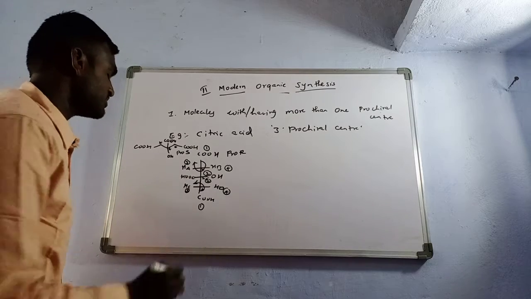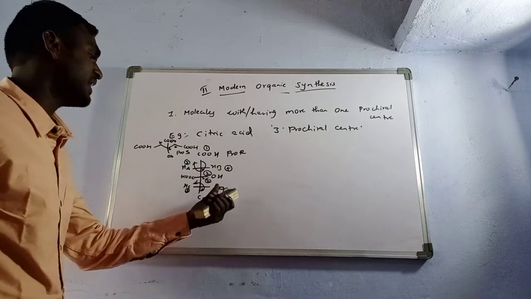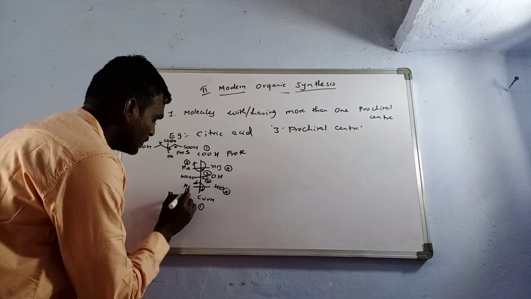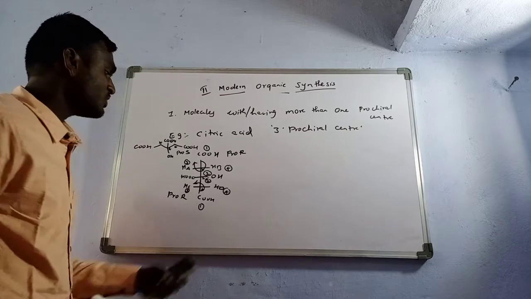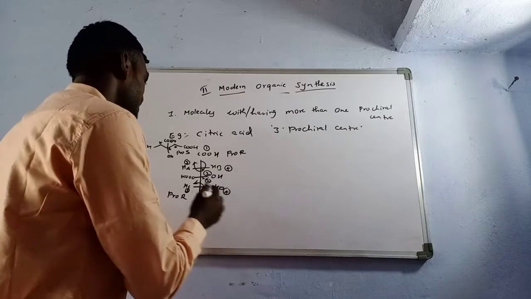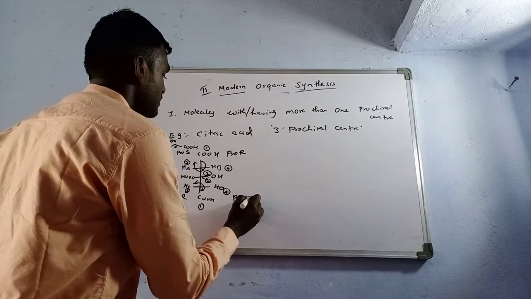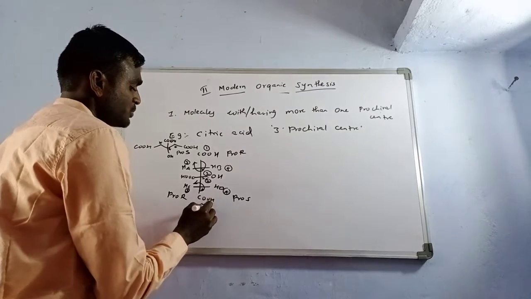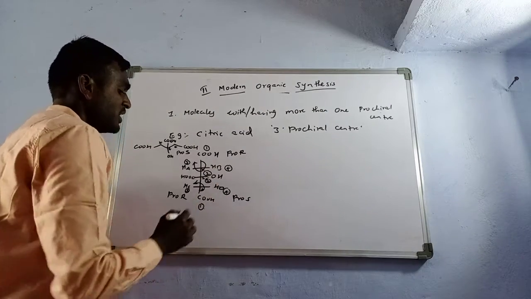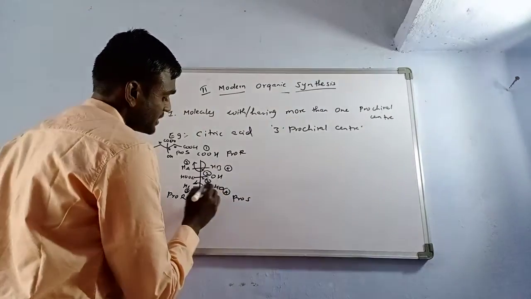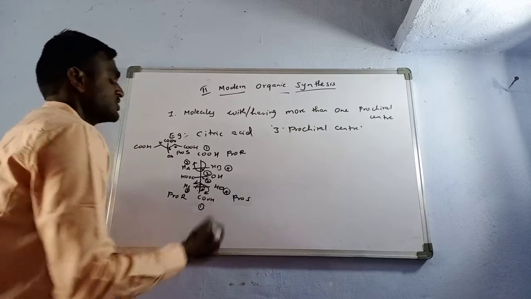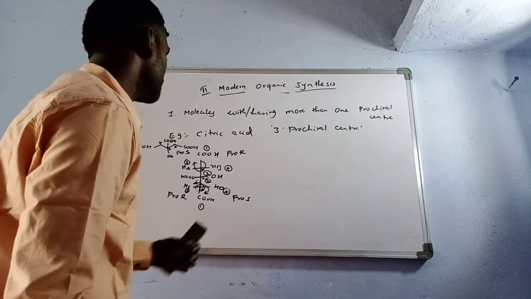For anti-clockwise direction with the fourth priority group on the horizontal line, it will be pro R. In a similar way, the other will be pro S. Why? Because taking the molecule like this, this is the first priority and this whole group is the second priority. If we take HD as the third priority, the molecule becomes clockwise direction, so it will be a pro S molecule.